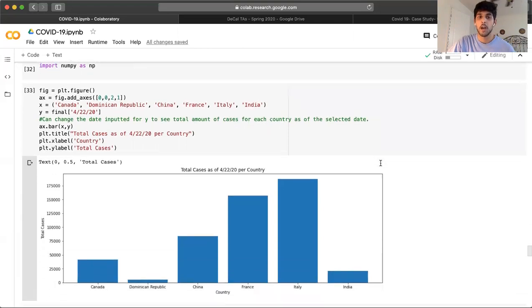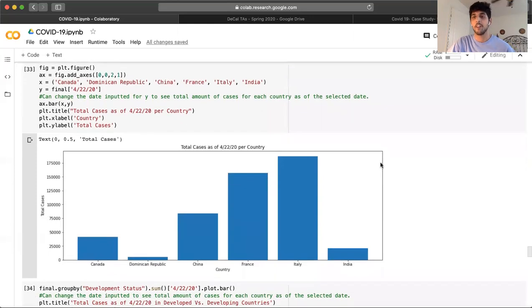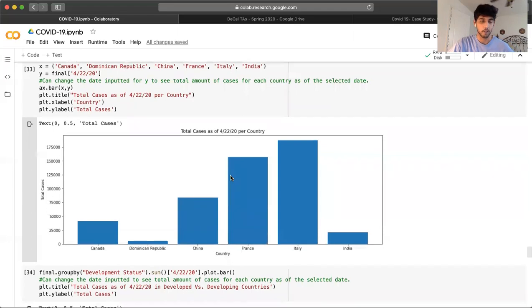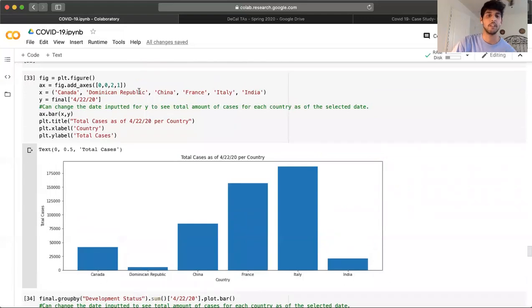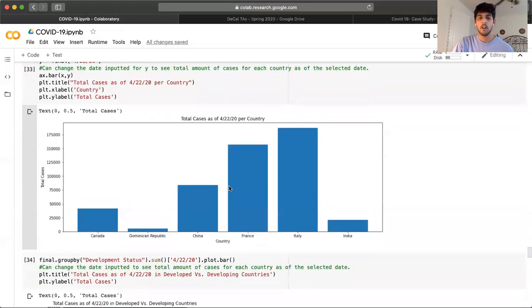So let's get into what I have come up with and my fellow TAs have come up with. First, I want to get into the bar charts. Because our data yields a quantitative measure of the total number of cases over time of each of these 6 countries: China, Dominican Republic, Canada, France, Italy, and India. I've decided to use a bar chart since bar charts are great ways of depicting quantitative types of data.